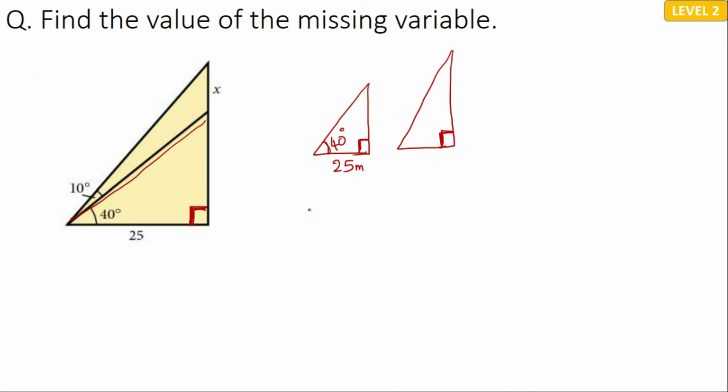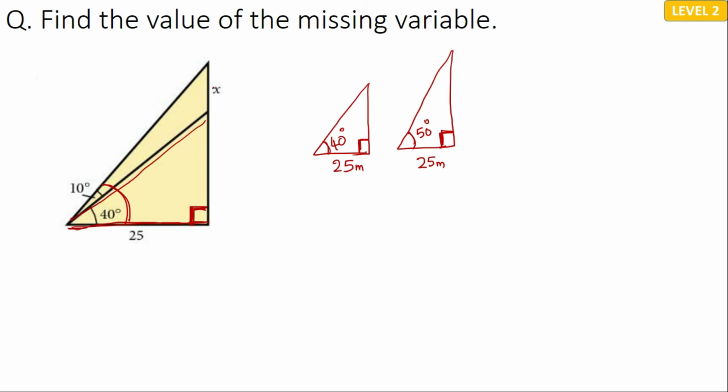The sides are measured in meters, and you have the larger triangle which says this side is 25 meters, which is the common side for both the triangles. And you have this angle, so 40 plus 10, giving you a 50 degree.